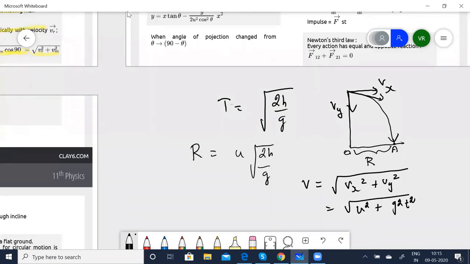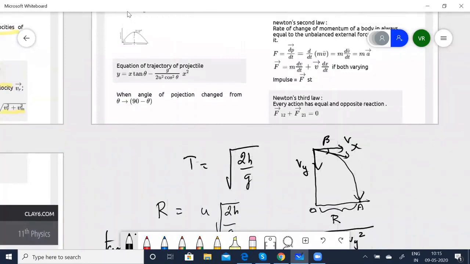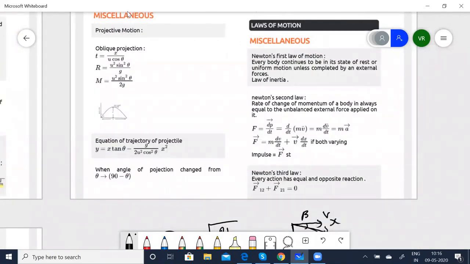And of course, tan beta, if beta is the angle, is given by gt by u, y by x. Or beta is equal to tan inverse of gt by u. Is it clear? Now we were talking about the oblique projection.